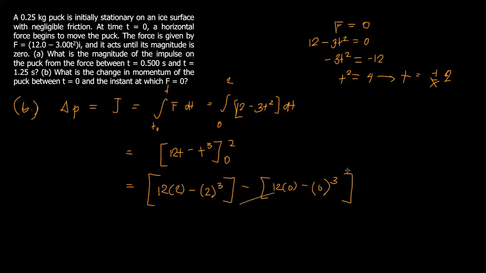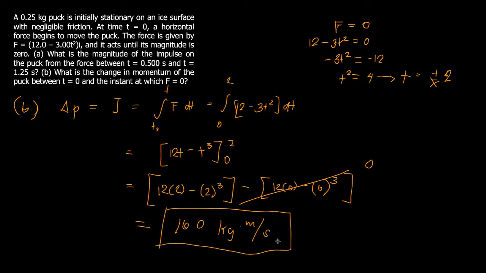So these 0 values are cancelled, just 0. And we have this, which is equal to 16.0. And our unit, since delta P siya, that's just going to be kilograms meters per second. And that's our answer for letter B of this problem.